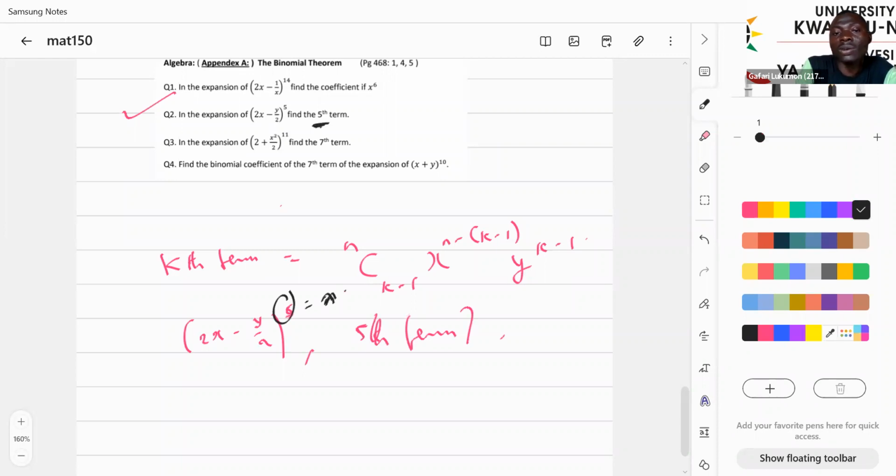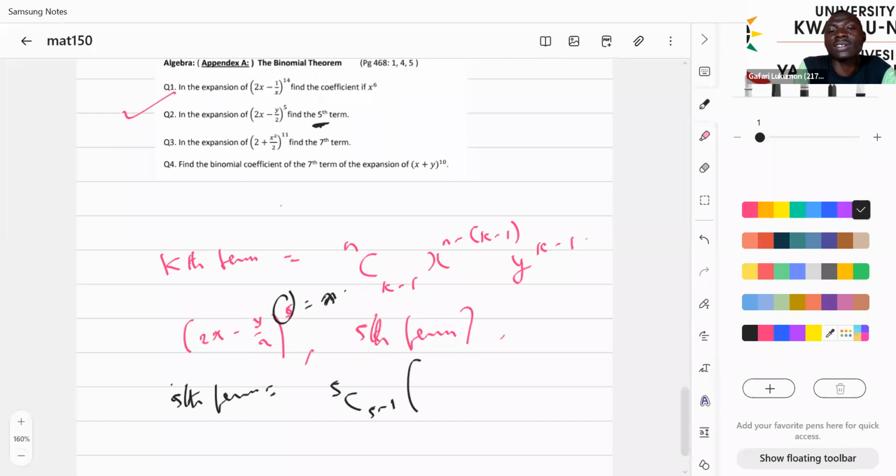It means your fifth term will now be equal to 5 combination. You know, now we have our k to be 5. Even if you are asked to find the 6th term or 7th term, what you are going to do is substitute the value here. That will be 5 minus 1.